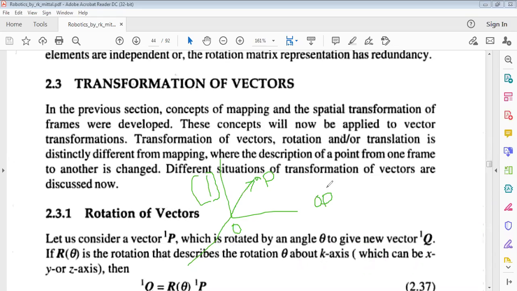OP is the vector from O to P. About this vector, in this topic we will discuss how it translates in space and how it rotates in space.